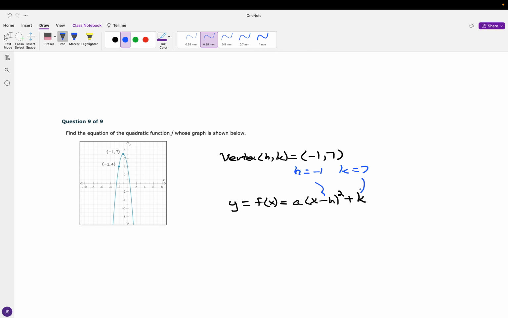At the moment we have y is equal to f of x is equal to a times x minus negative 1, which translates to x plus 1 raised to the second, followed by the addition of 7. In the determination of a, I can utilize the point negative 2, 4.